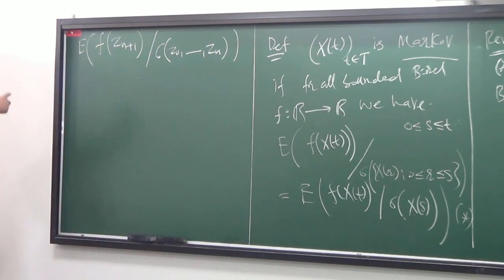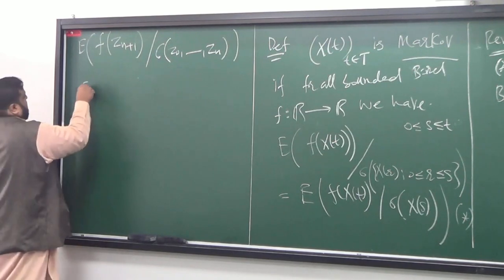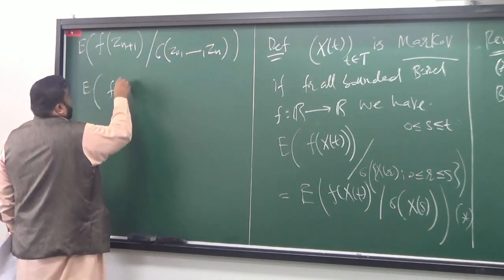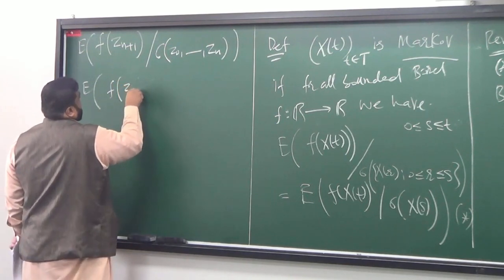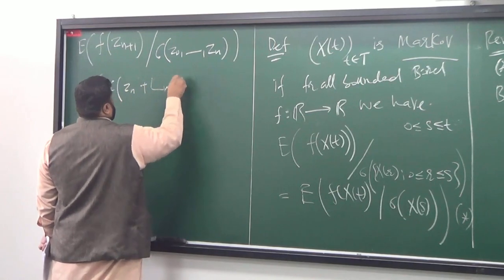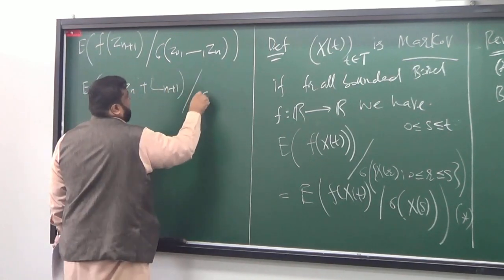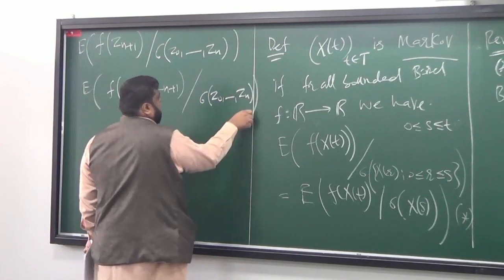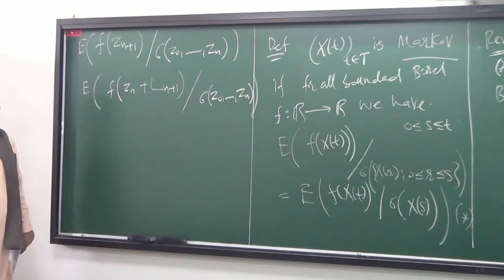You can treat the earlier case as a particular instance of it, just take the identity function and you get this. So this is the same as the expectation of f of Z_n plus L_{n+1} given the sigma field of Z_0 to Z_n.